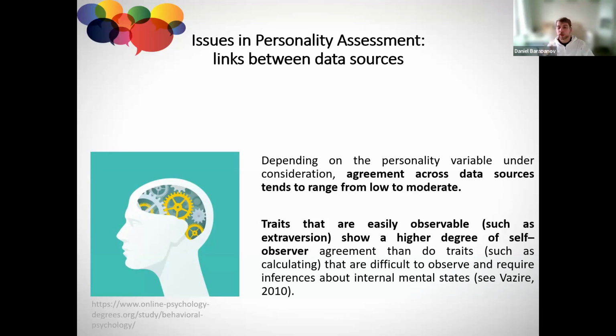Though some traits are a bit more observable. For example, with extroversion, it's easier to tell extroverted people from introverted people based on their behavior because it's much more clear.